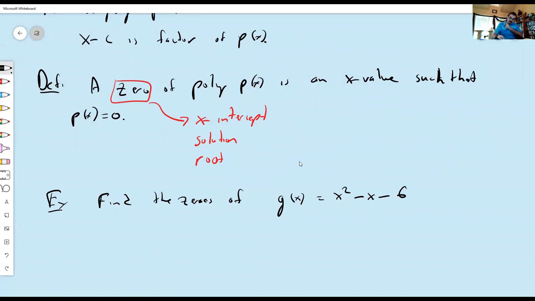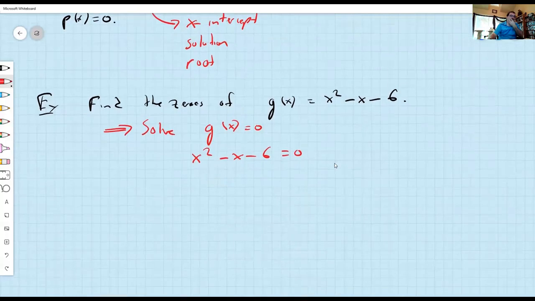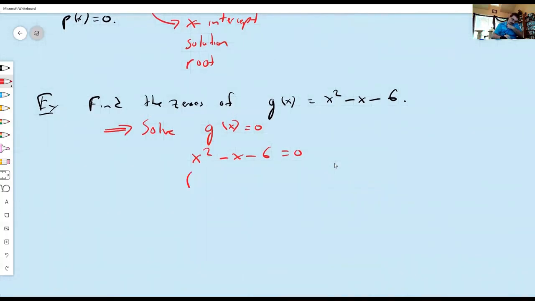So that means we're going to solve g of x equals 0: x squared minus x minus 6 equals 0. And we're going to solve this by factoring. So the factors of -6 that add to -1 are 2 and 3, specifically a -3 and +2.